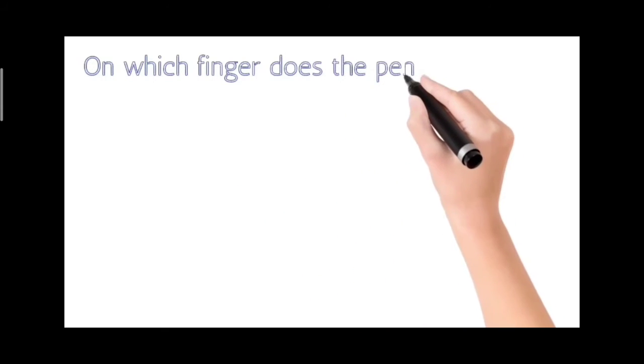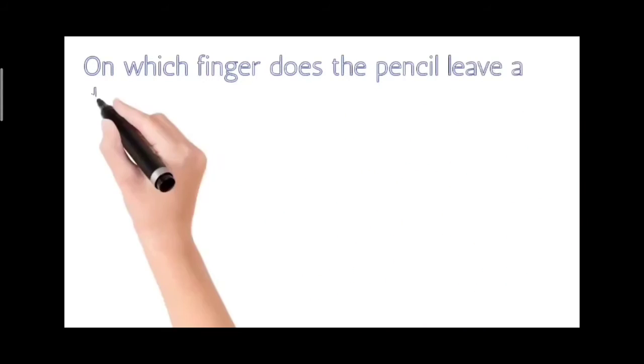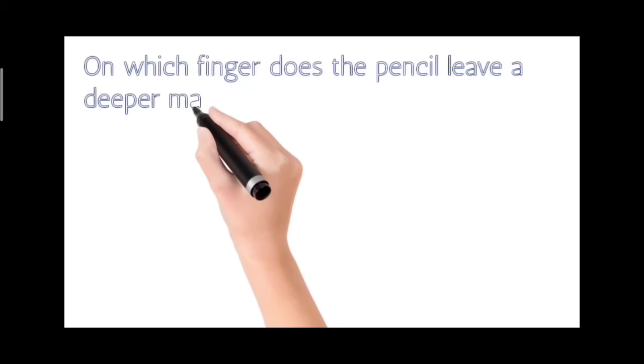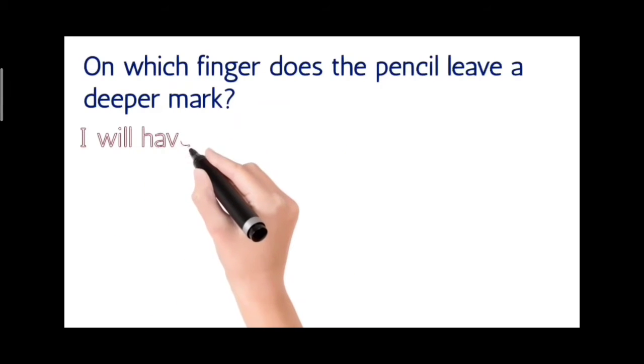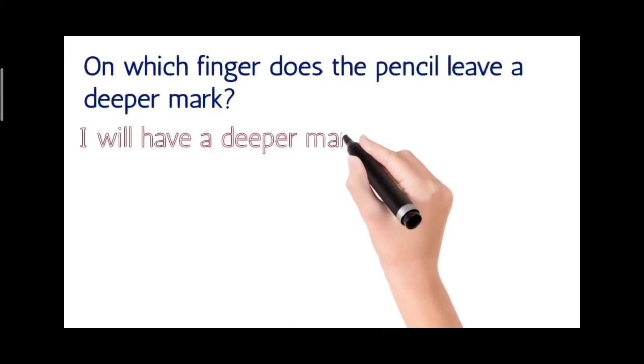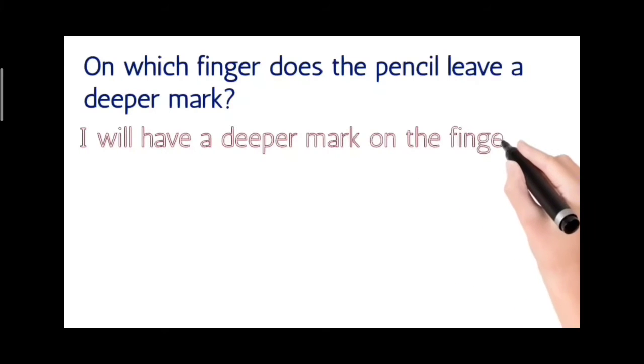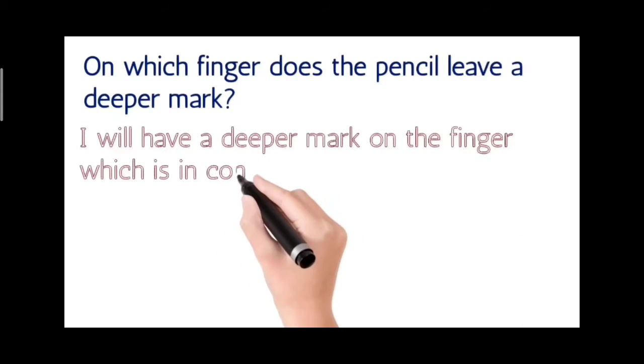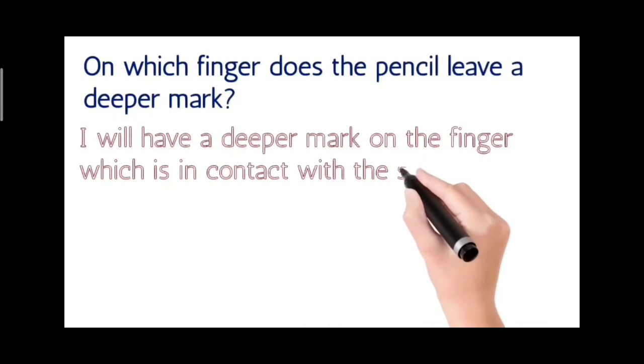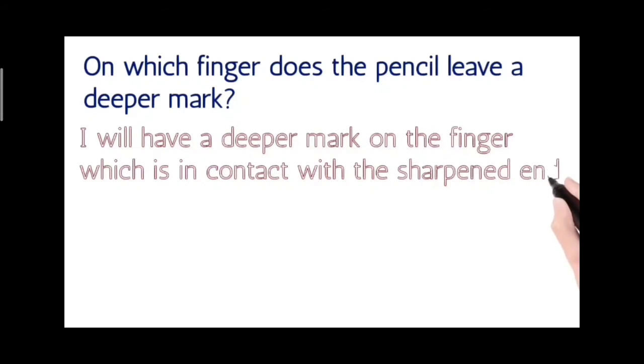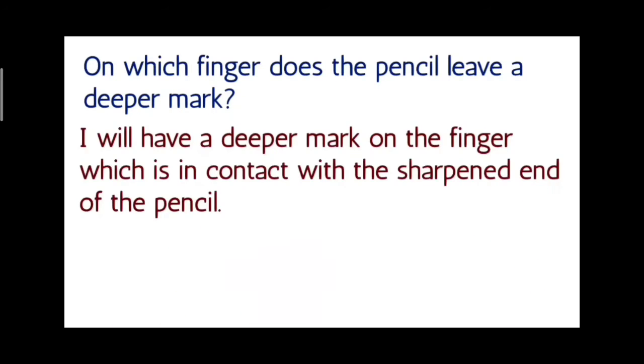On which finger does the pencil leave a deeper mark? Answer is very clear. I will have a deeper mark on the finger which is in contact with the sharpened end of the pencil.